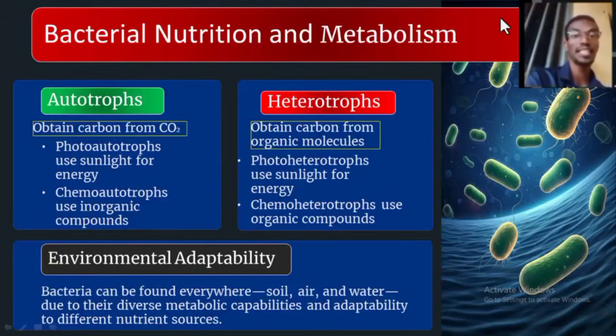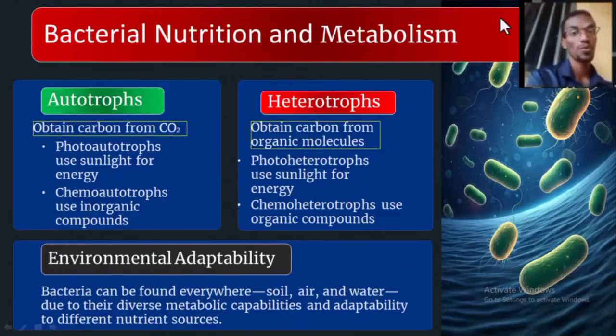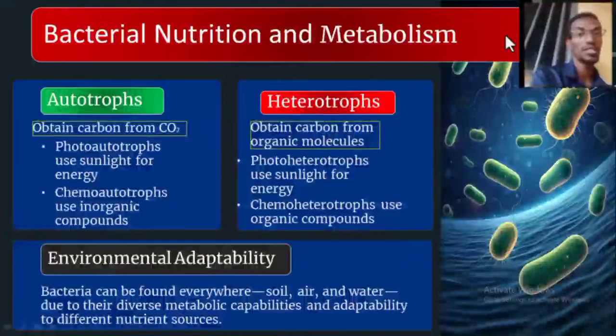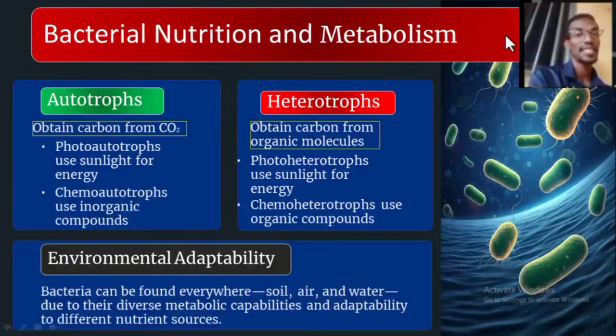If the energy they need, for example for respiration, is obtained from the breaking down of glucose during the respiration process, from an organic carbon source, then they are heterotrophs. And if the energy is obtained from a chemical oxidation process, they are chemoheterotrophs, okay, chemoheterotrophs.